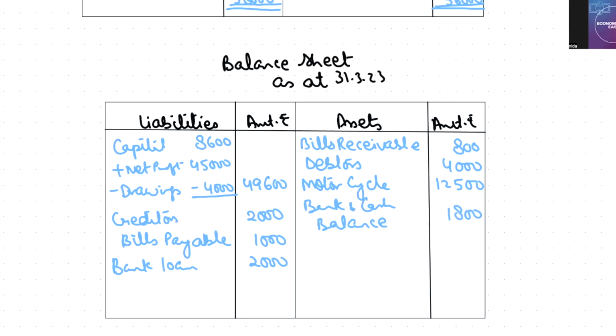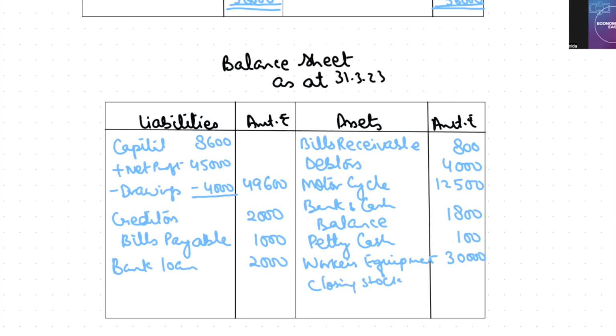Petty cash 100. Workers equipment 30,000. And of course your closing stock is 5,400.